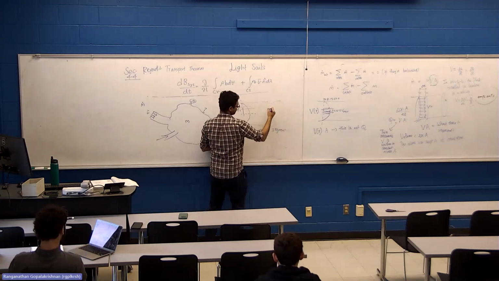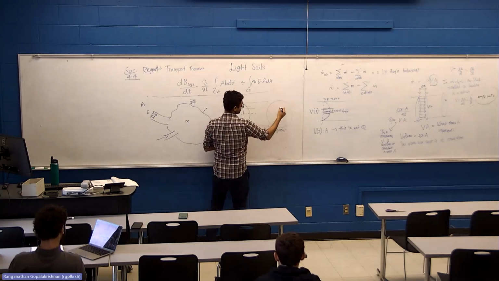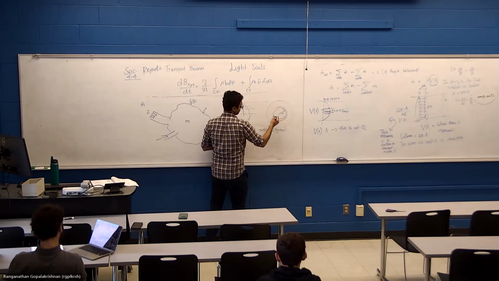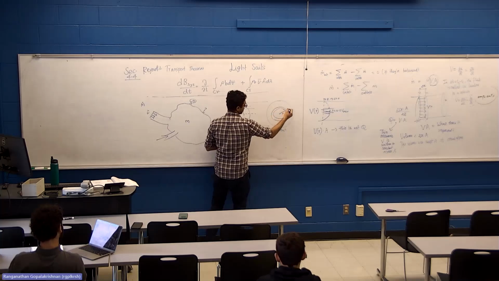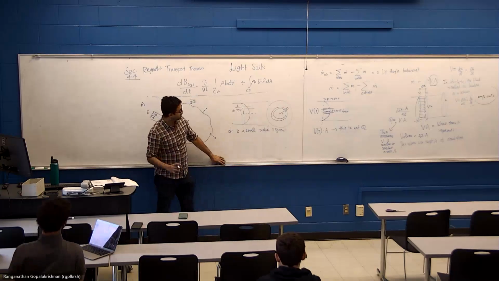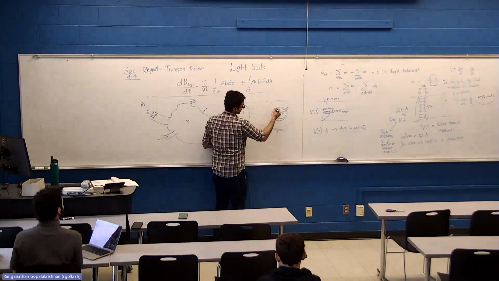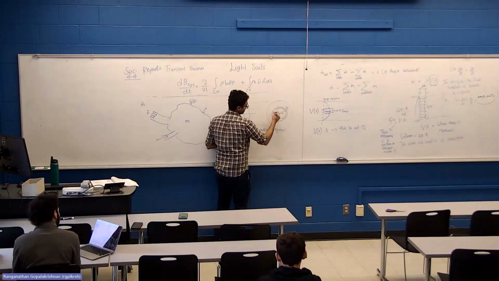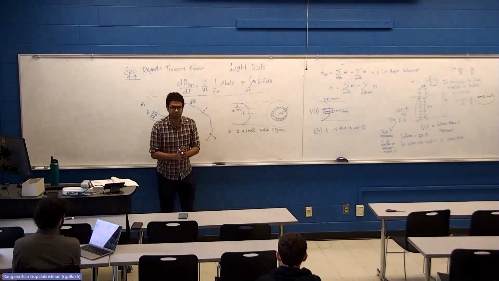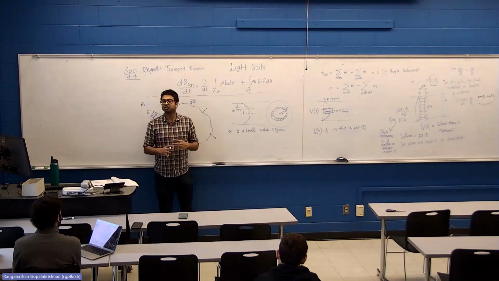Meaning if I draw the side view, it will look like this. Here is r, and then I have dr. Okay? Listen up. Across this tiny cross section, I assume my velocity is constant.